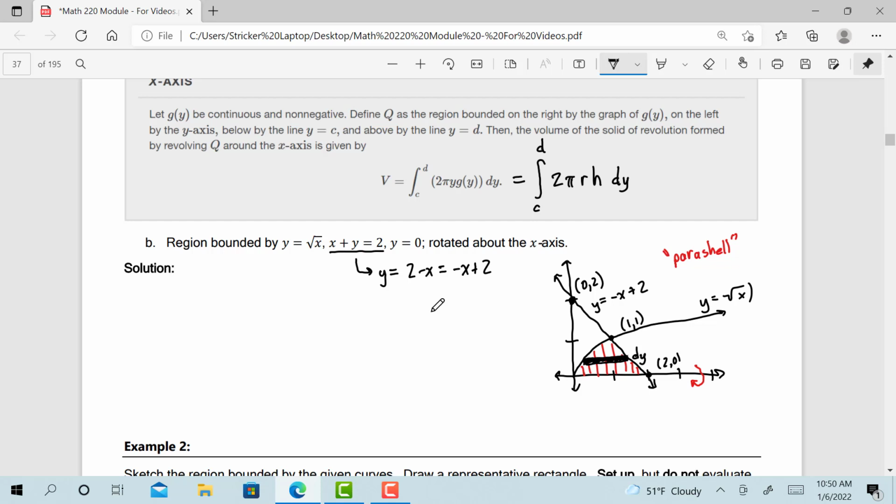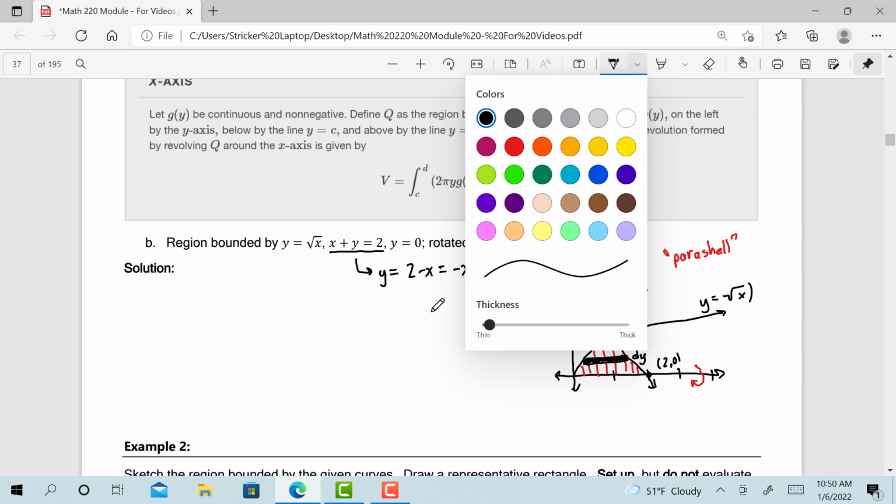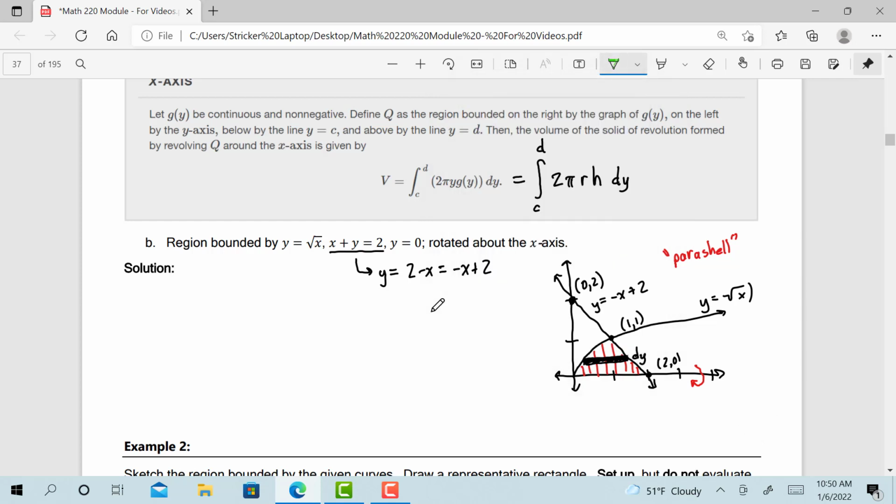And rotating about the x-axis, we get a shell. And so the shell is going to be something that looks kind of like this.